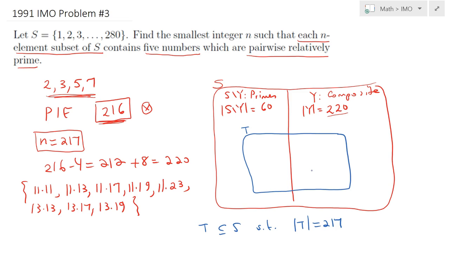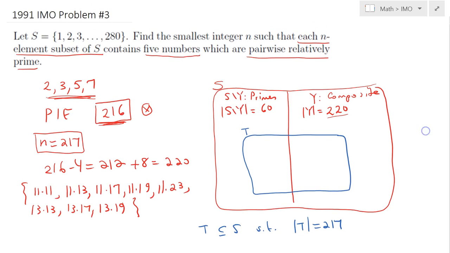First of all, we can consider two cases. If T minus Y, so this part of the set, has 5 numbers or more in it, then there's nothing else to prove, right?